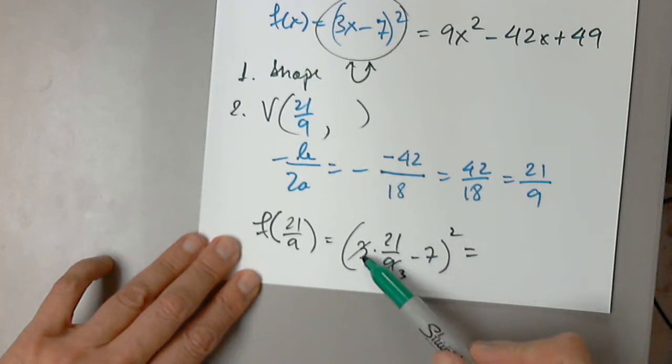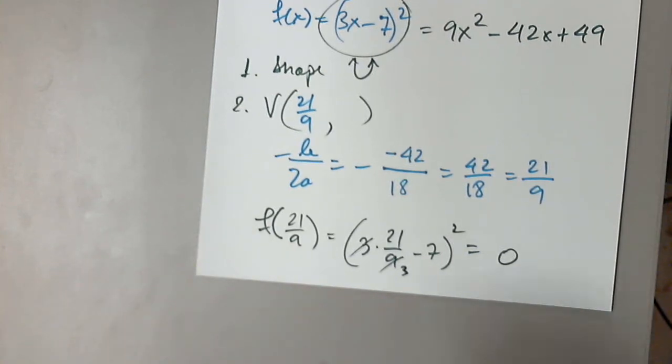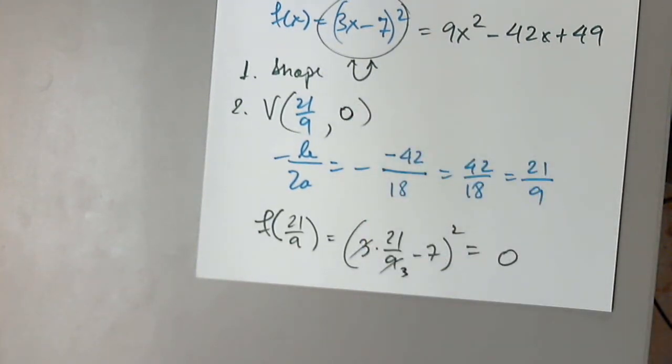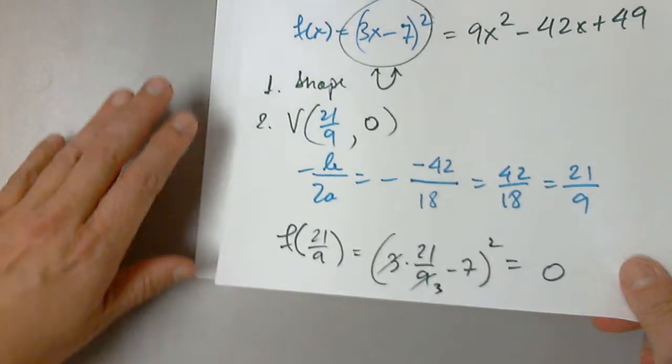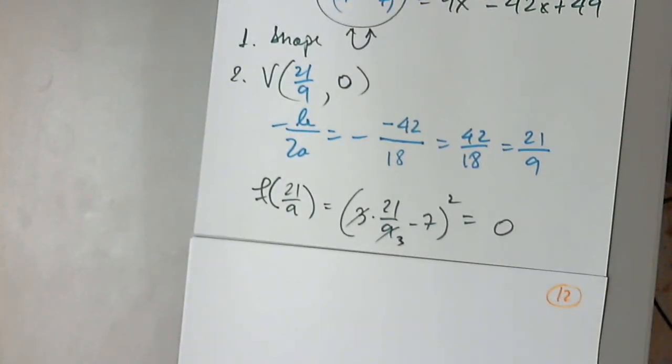So 21 divided by 7. Wow, look at that. 0. Well done, which we knew. It's a very good one. We haven't seen something similar.